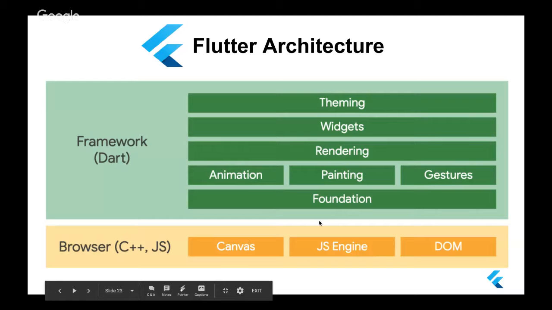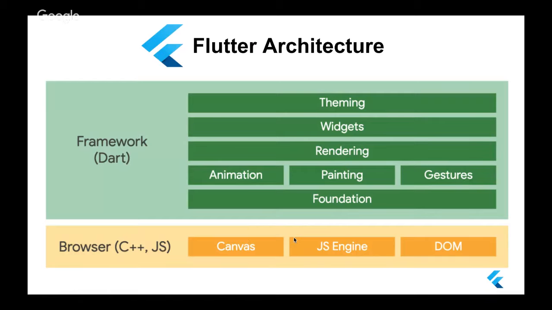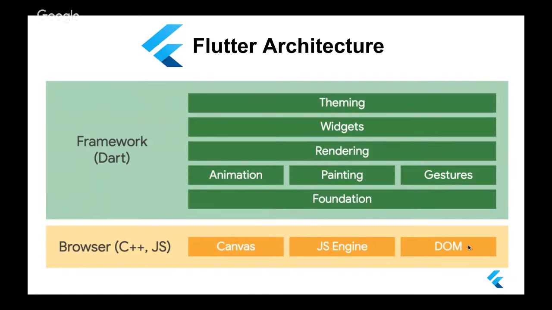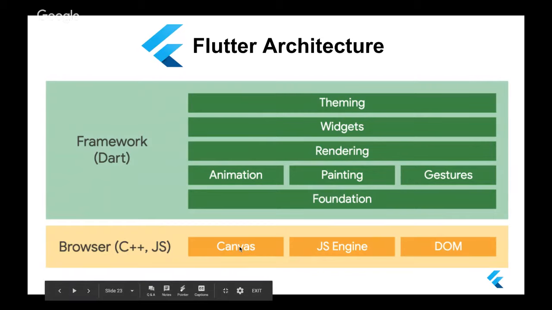So they are replacing Skia, or rather using Skia behind the scenes, it's the same Skia engine because Chrome is based on Skia. So the JavaScript engine is responsible for running JavaScript code, and the DOM elements describe your HTML or your DOM tree, and the canvas is responsible for painting things in front of you.